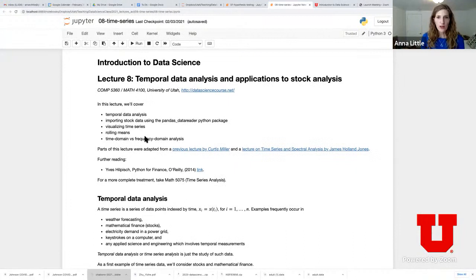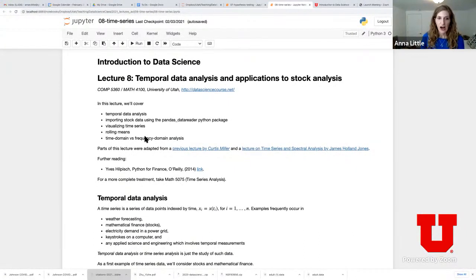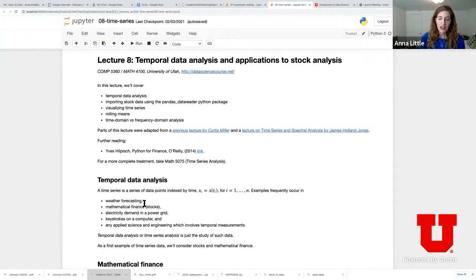Okay, so what do we mean by temporal data analysis? Often referred to as time series analysis. So this is just data that's been collected over time. So we can think about a stock whose value is changing in time. We can think about the weather as it's changing in time, temperature.